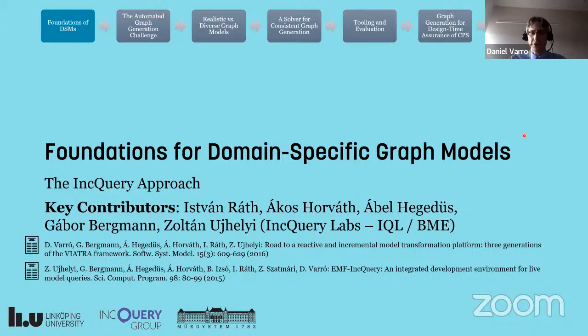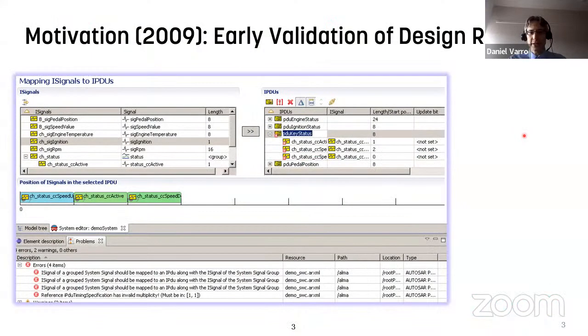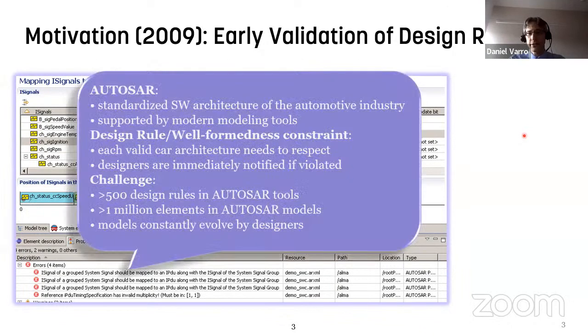And some of the motivation of that work goes back to as early as 2009, sometimes even before. Specifically in 2009, we have been working together with an automotive tool provider, which was developing a domain-specific modeling tool for AUTOSAR. AUTOSAR is a standardized software or software-hardware architecture heavily used in the automotive industry.